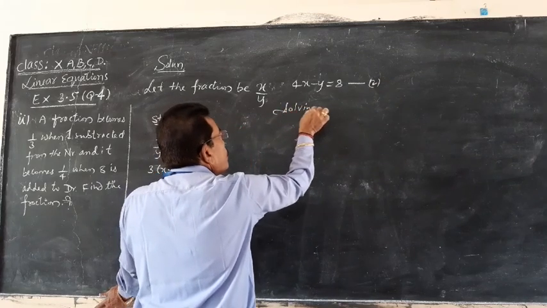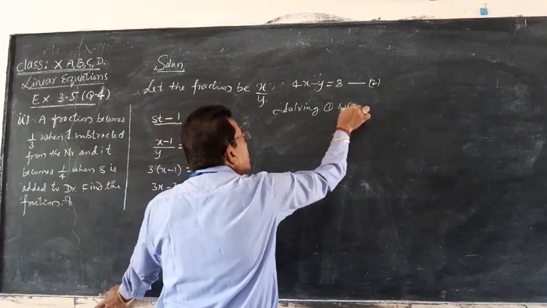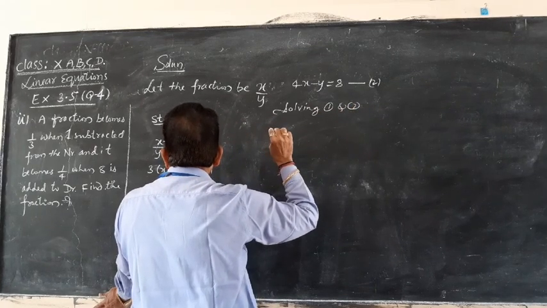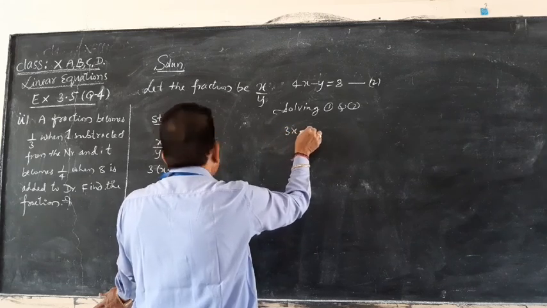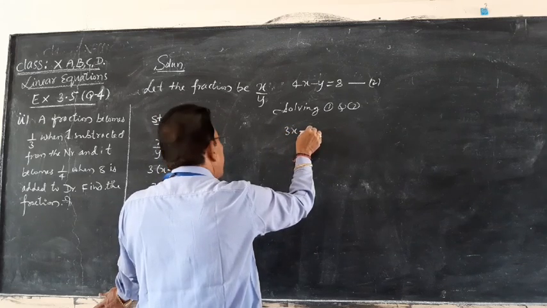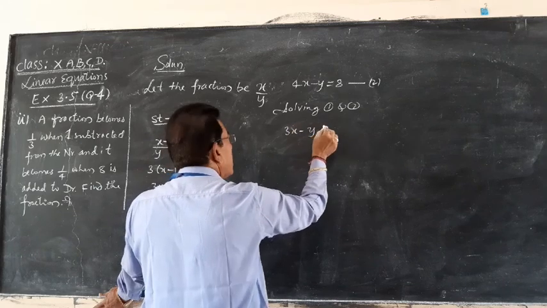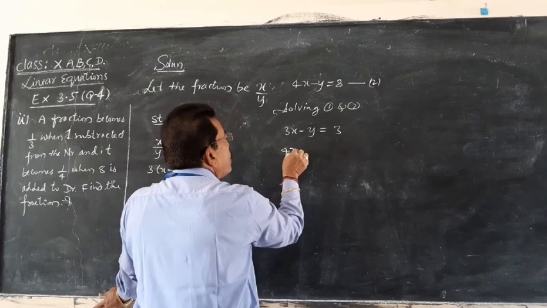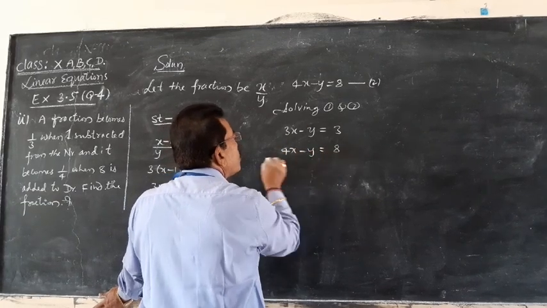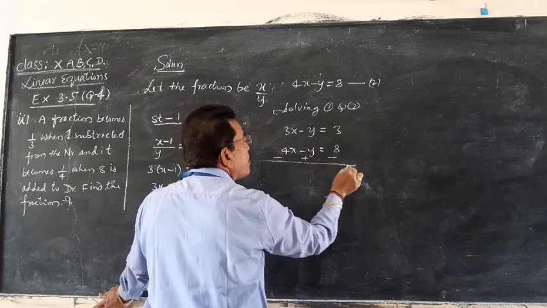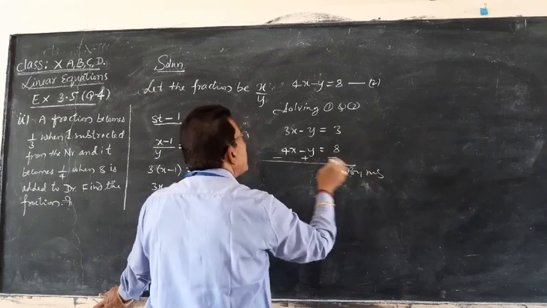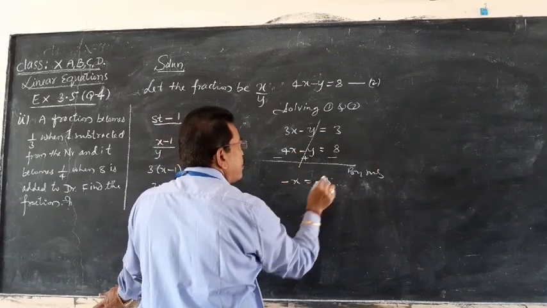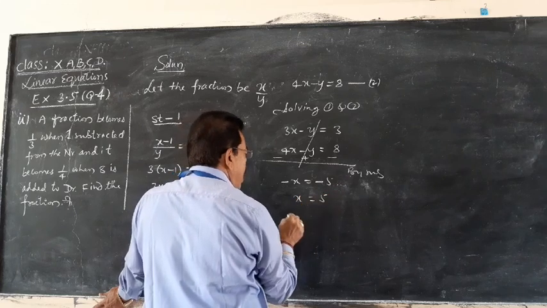Solving 1 and 2. 3x minus y equals to 3. Then second one, 4x minus y equals to 8. Plus y minus y gets cancelled. Minus x equals to minus 1. Therefore x equals to 5.